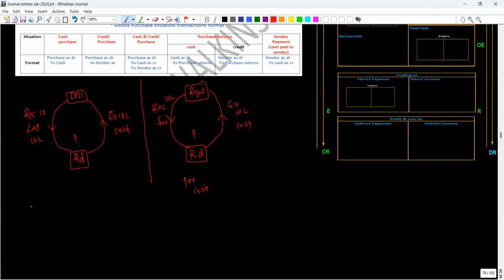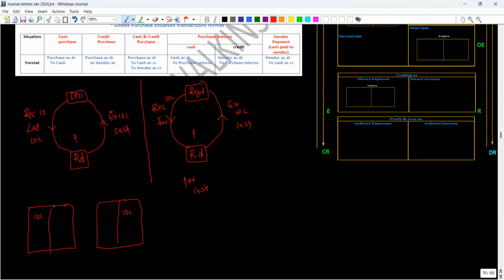So first, I'm drawing a ledger like this. First one and second one. In the first case, the company is receiving how many rupees worth of laptop? 10 lakhs. So 10 lakhs I'm writing here, and the company is giving cash, also how much? 10 lakhs.